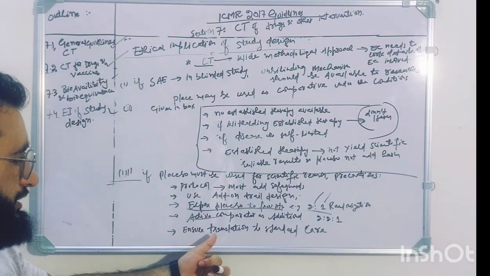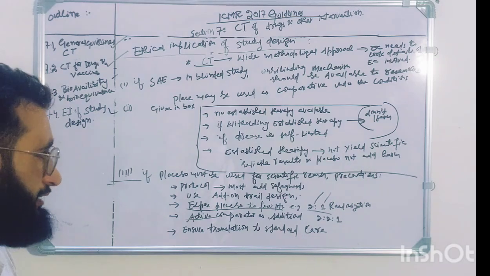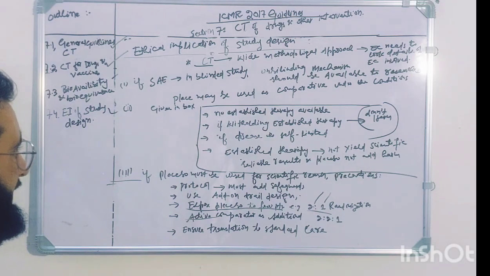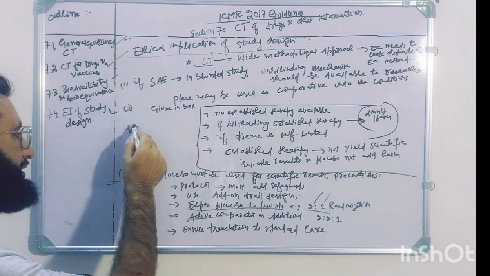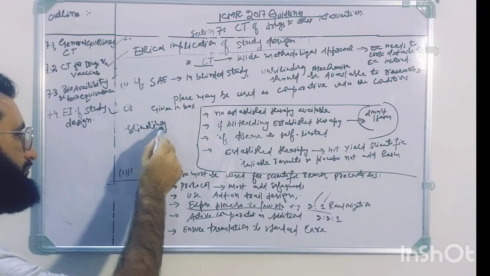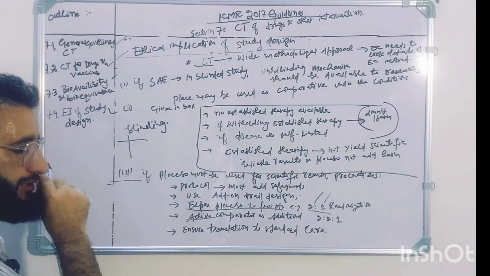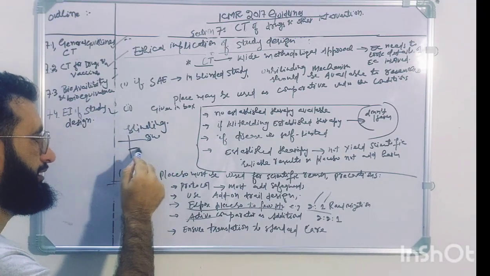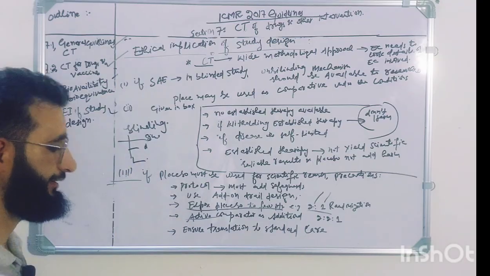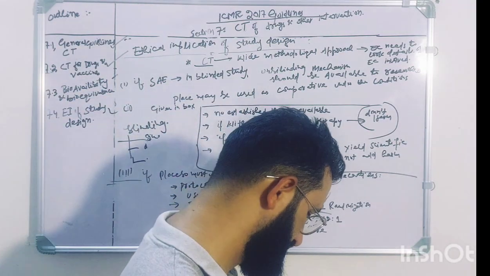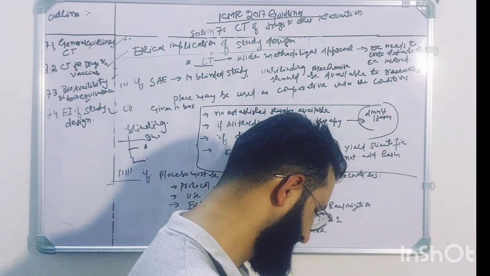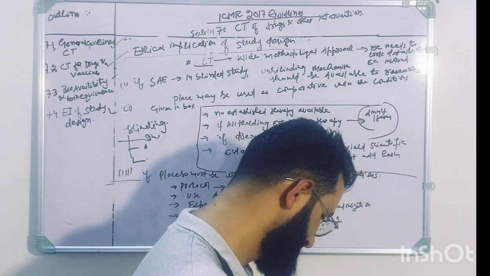And we have to ensure the translation to standard care, and after the post trial we have to give the standard care. And see, blinding. Blinding is of three types: single blinding, double blinding, and triple blinding.